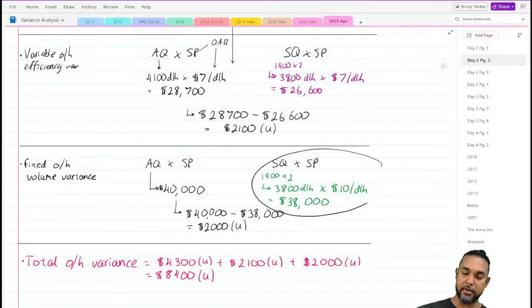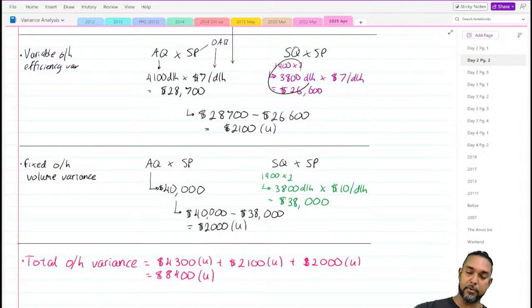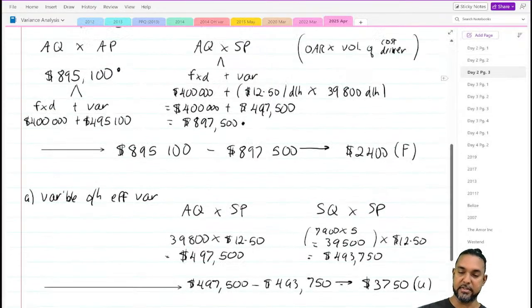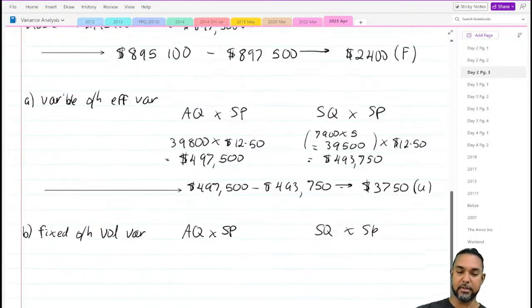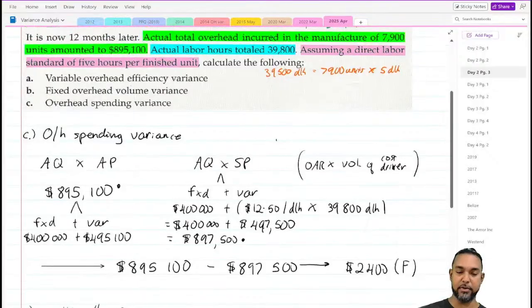It was basically the same setup as on top of here, the same quantity, but of course the rate differed. We have our rate that we calculated above. It's $10, that's the green one. And the fixed overheads is 400,000.